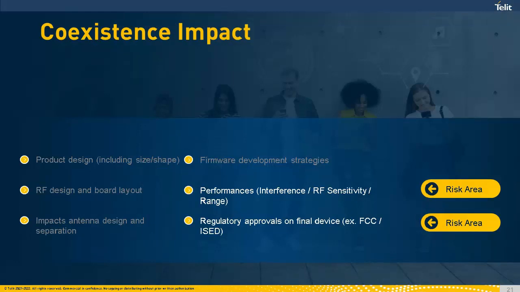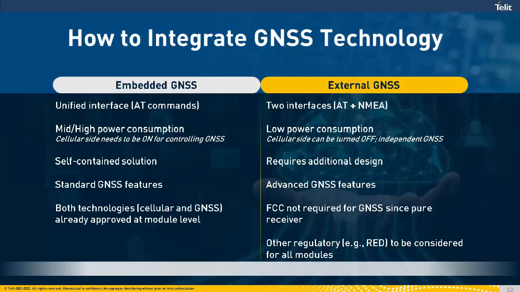So, as Carmelo was saying before, instead of focusing on all the design suggestions that have already been highlighted, I would like to focus a little more on the performance issues that may affect the GNSS, and then on the regulatory approvals on your final device and how that can take GNSS into account.